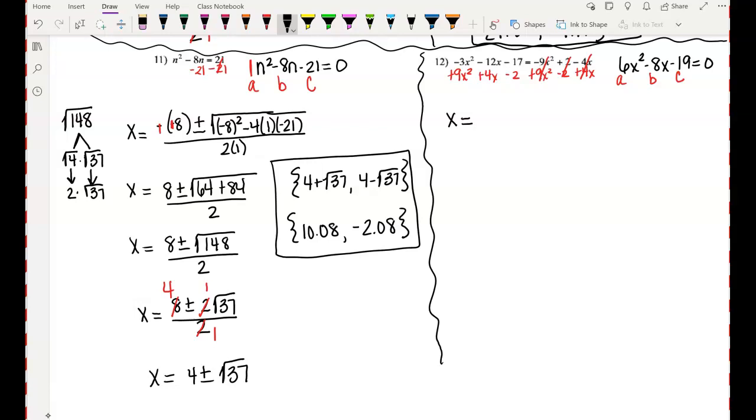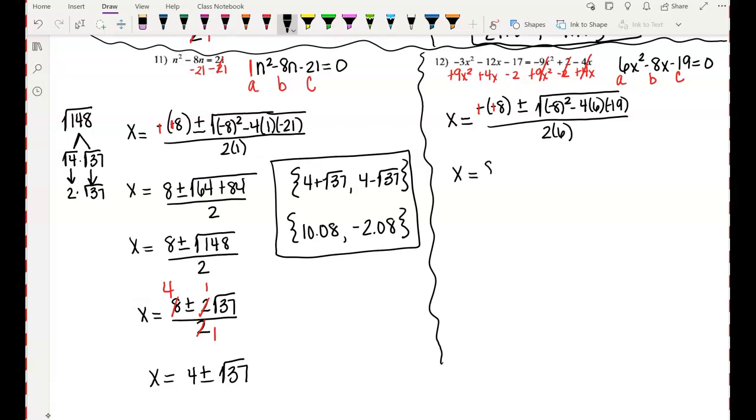B has a value of negative 8, so negative 8 plus or minus the square root of negative 8 squared minus 4 times 6 times negative 19, all divided by 2 times 6. So I have that double negative situation out front, so I know that 8 is going to end up being positive.